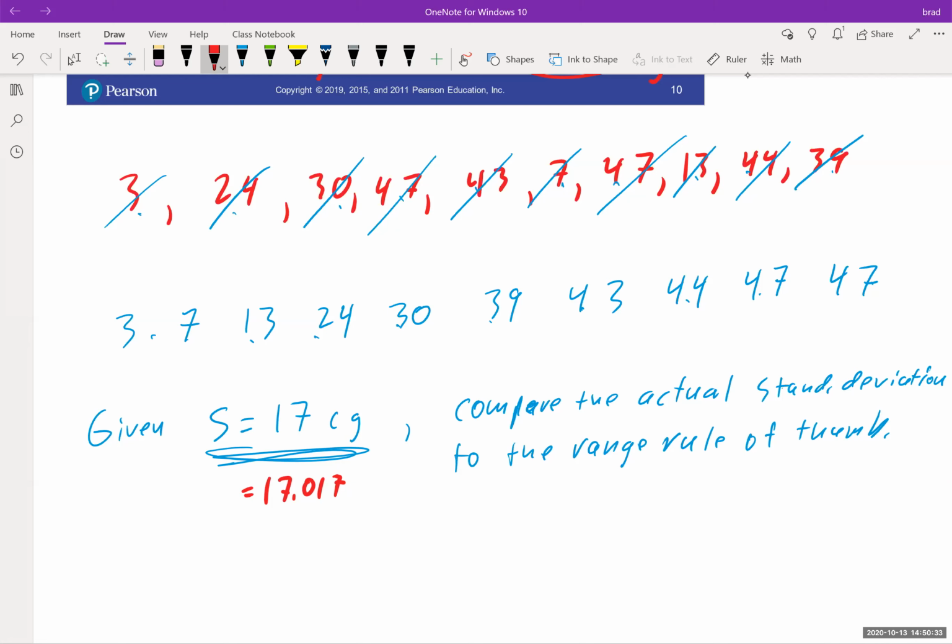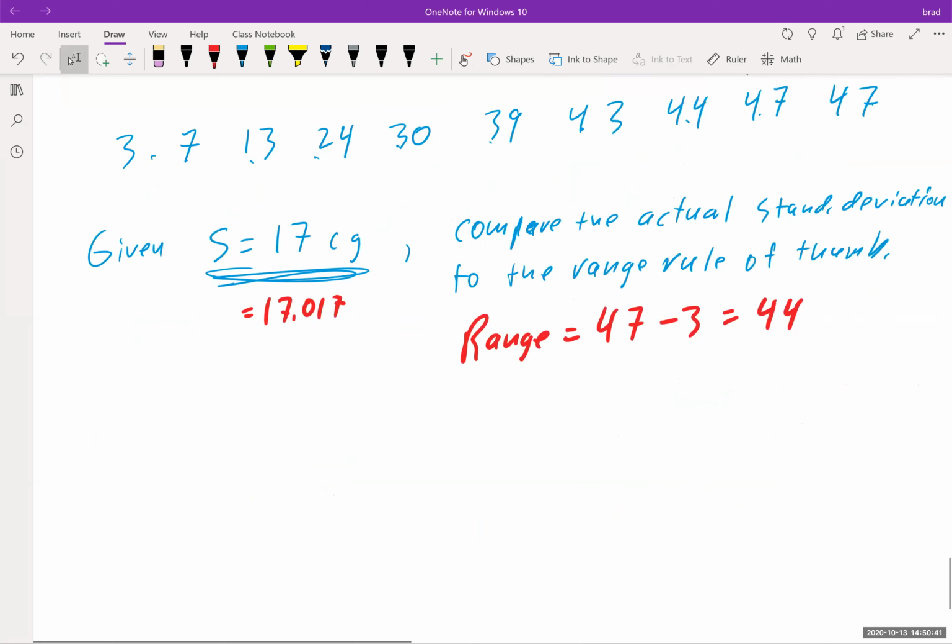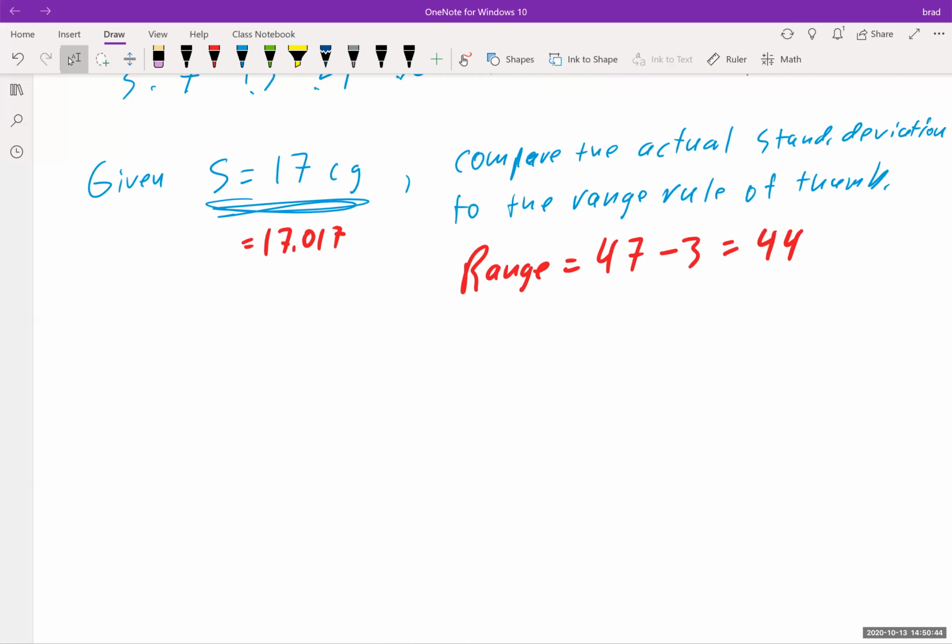So the range equals 47 minus 3, which is 44. Okay, so that's our range.